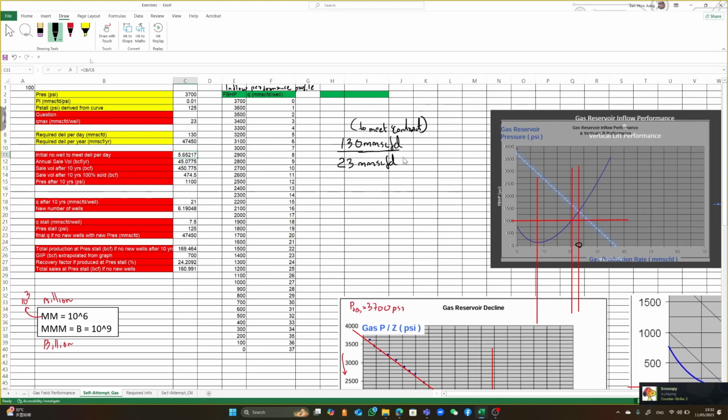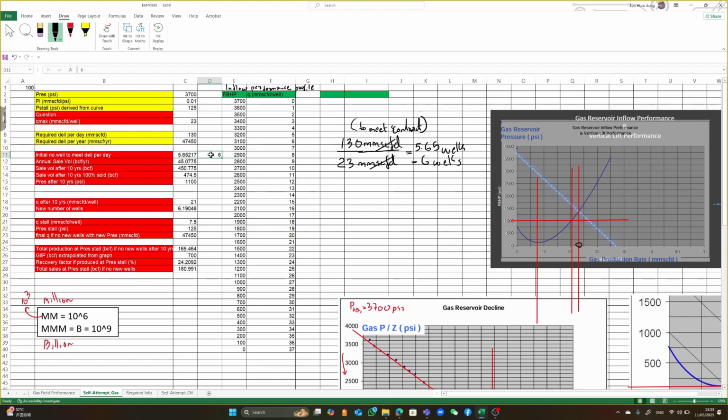If you divide this value, the unit will disappear, and you will get 5.65 wells needed. In practice we can't do 5.65, right? So we have to drill 6 wells to meet the production profile. We would just write it down over here as 6.